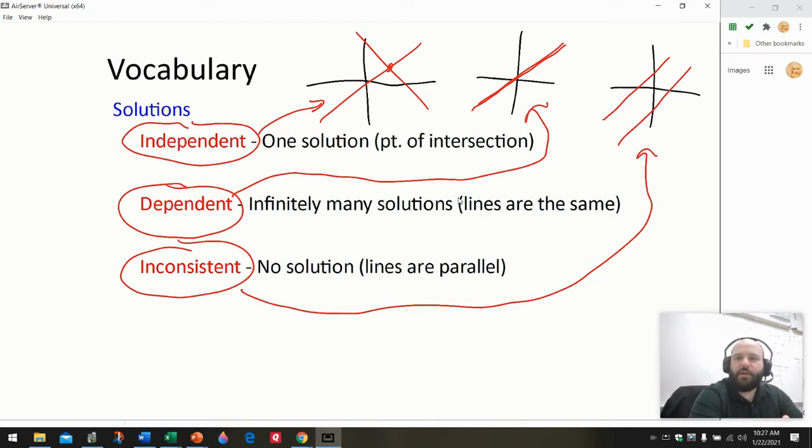In the third example, where the two lines are parallel and they do not intersect, similar to the last example all the variables go away, but you will end up having a false statement, maybe something such as 2 equals 5 or negative 3 equals 7. In that case, where all the variables go away and you're left with a false statement, that means there will not be a solution to that system because the lines don't intersect.